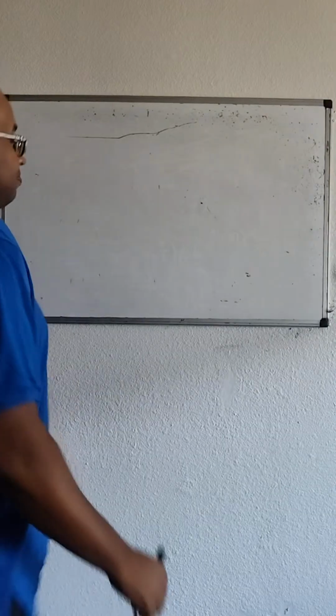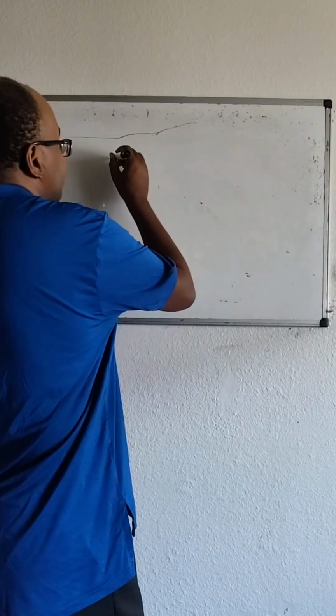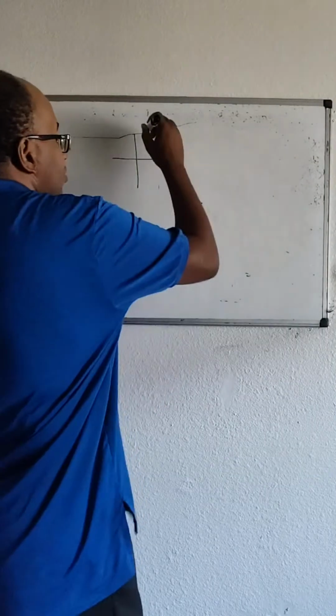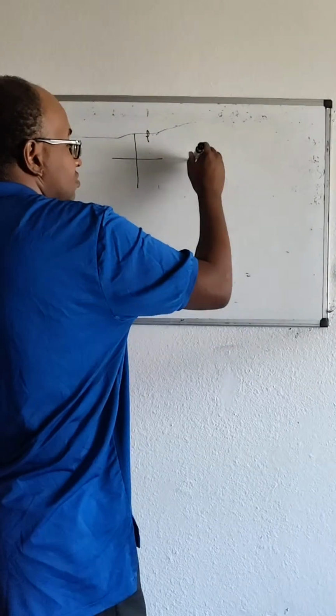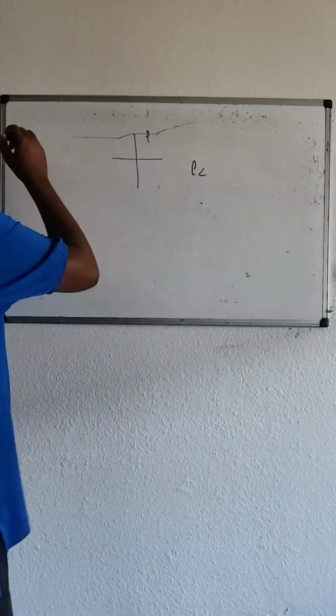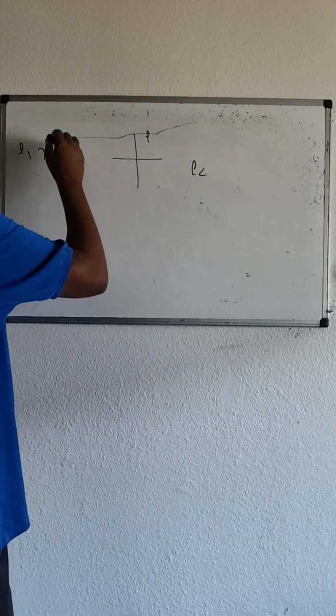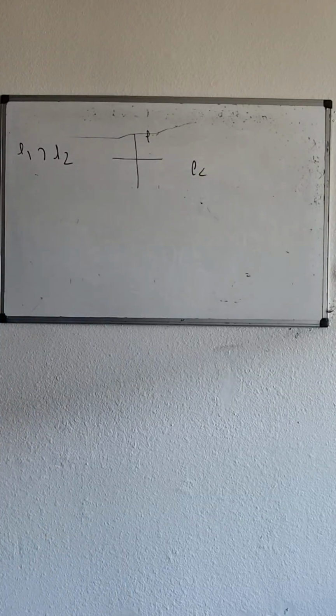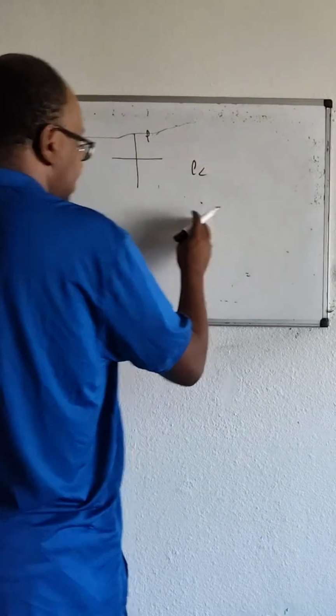And last but not least, the idea of perpendicularity. So you have L1, L2. That means that each set of these points have that in common.